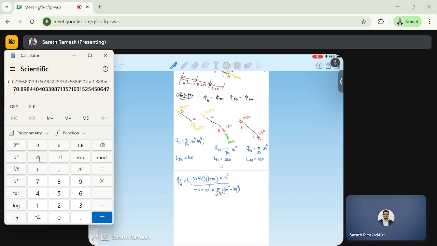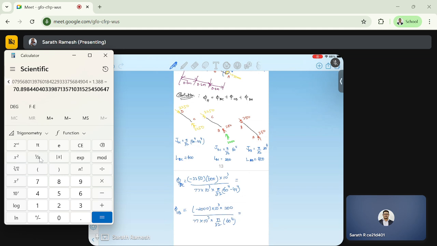So this is phi DC, phi CB. Phi CB will be minus 2000 into 10 power 3 into 200 length by 77 into 10 power 3 into pi by 32 into 60 power 4.